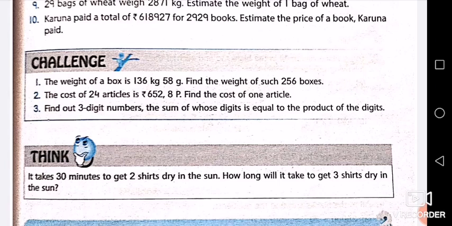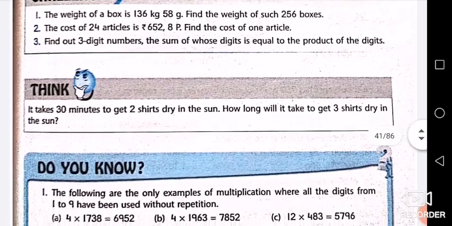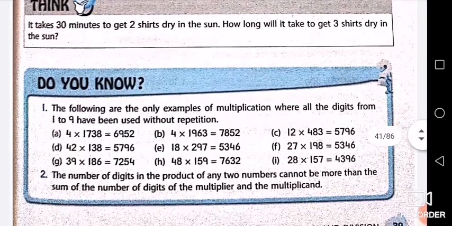If it takes 30 minutes to get 2 shirts dry in the sun, how long will it take to get 3 shirts dry in the sun? Now the answer for this question I am going to ask from you tomorrow, that how much time it will take to get 3 shirts dry in the sun. Okay. Think about it and then we'll take it tomorrow.